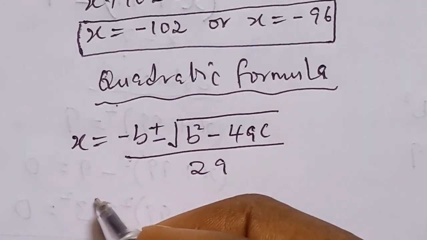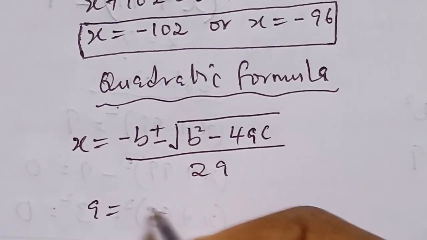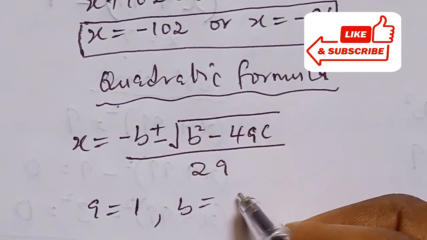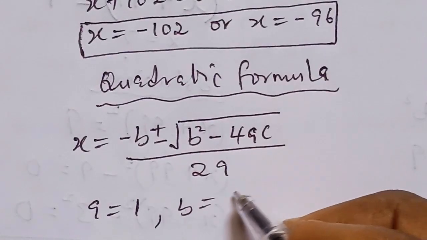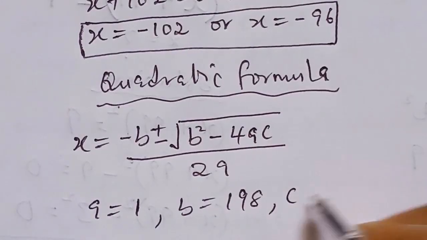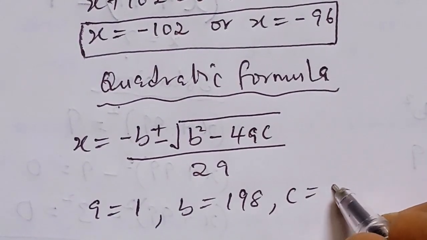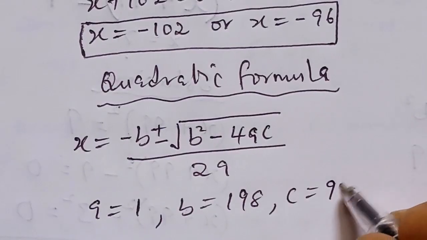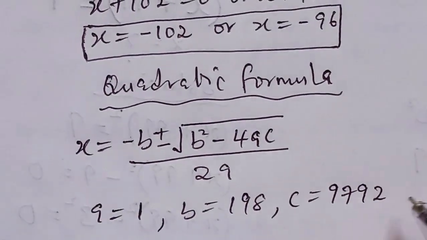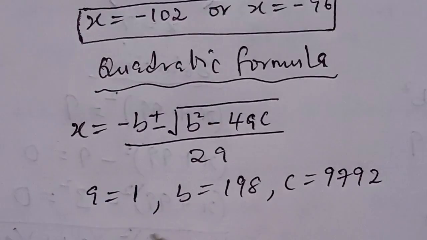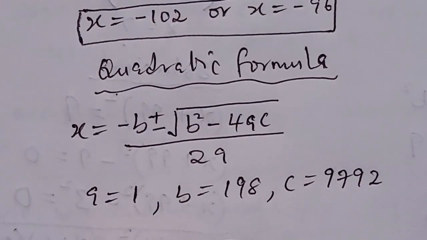So in this case, our a is equal to 1, then our b is equal to 198, and c equal to 9792. So we input these numbers into the formula.